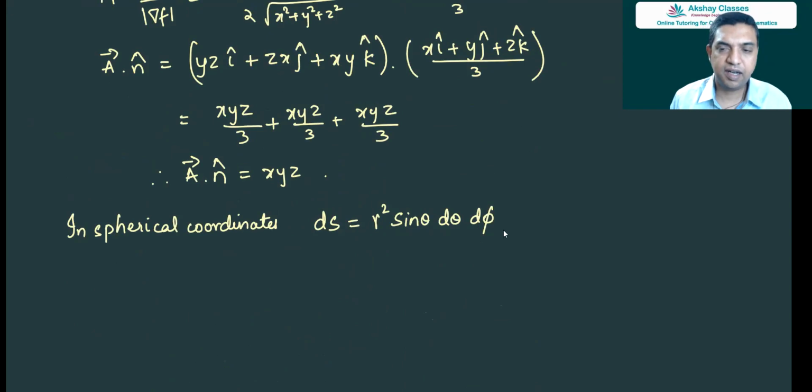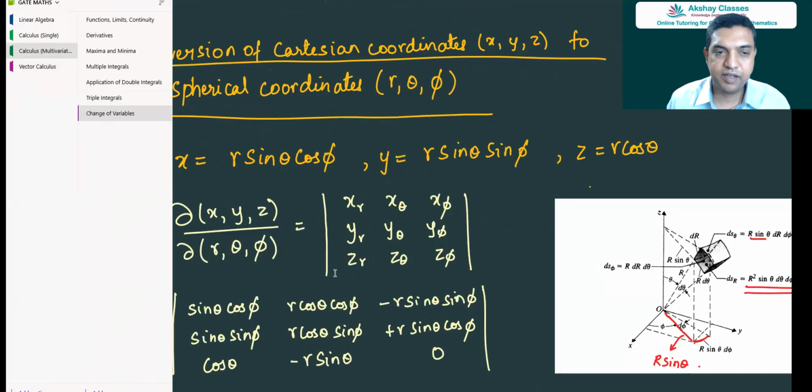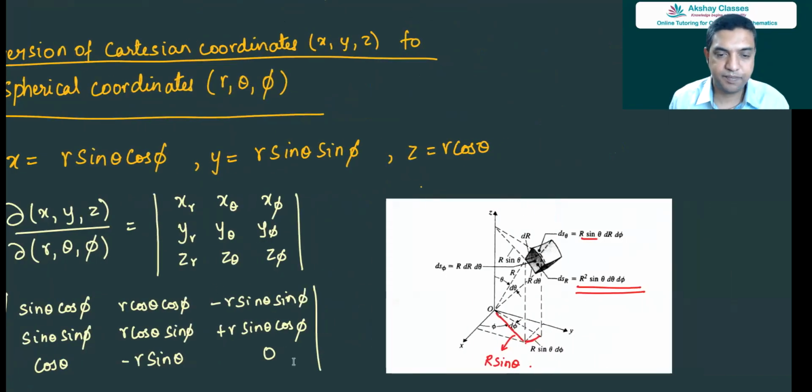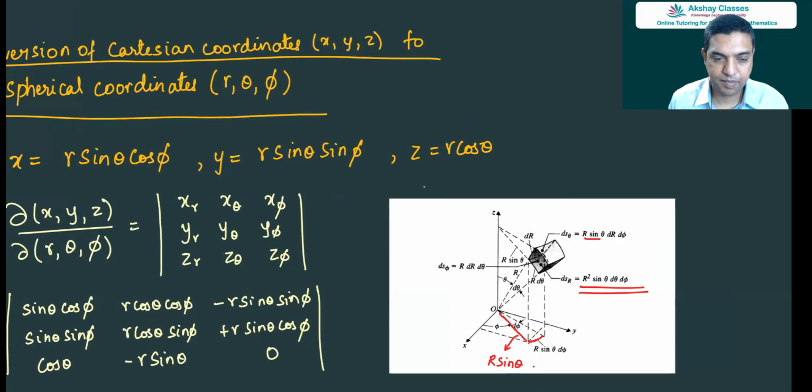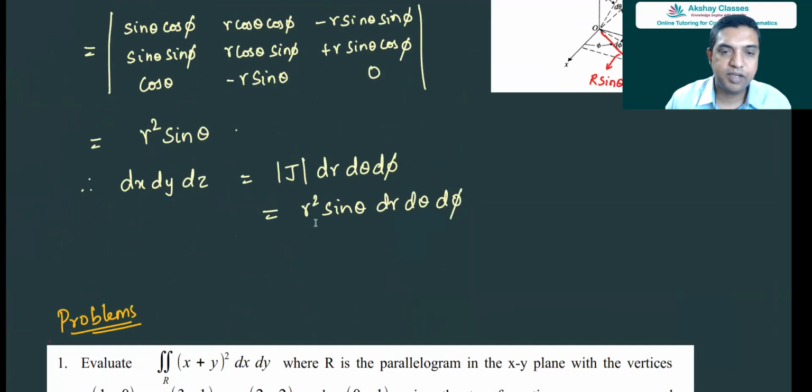So only dr is missing from that Jacobian change of multivariate theorem here. From the Jacobian, the volume integral, you have r square sine theta dr d theta d phi.